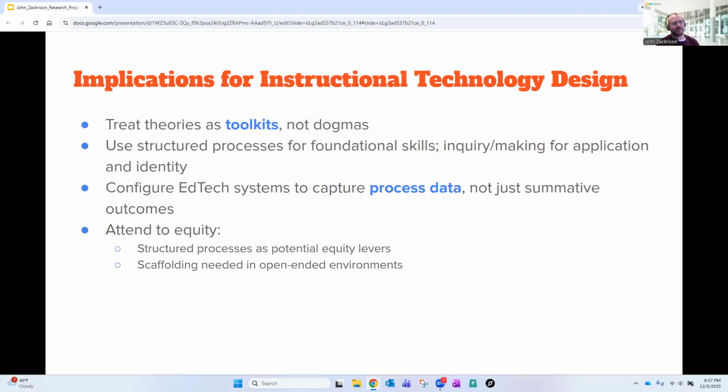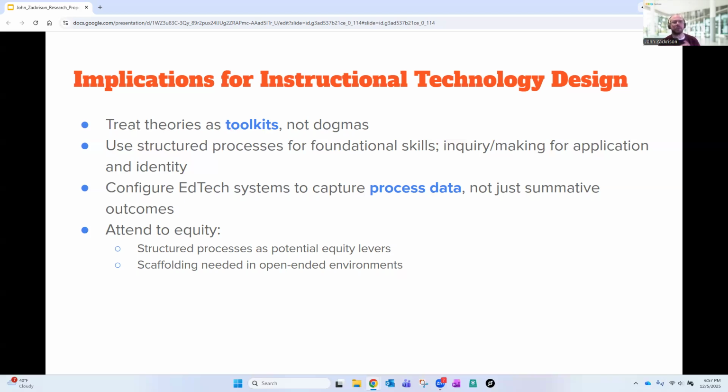Cognitivist principles should inform multimedia explanations and practice. Constructivist and constructionist processes can shape collaborative inquiry and project-based work, especially at more advanced levels. Second, educational technology should be, and this is key, I think, for what I argue, that we really should configure each of these systems to capture process data.